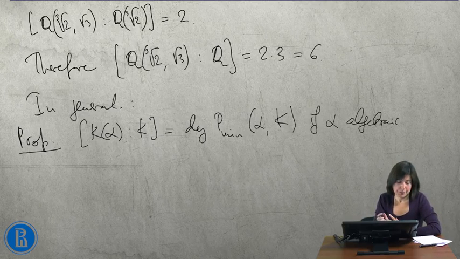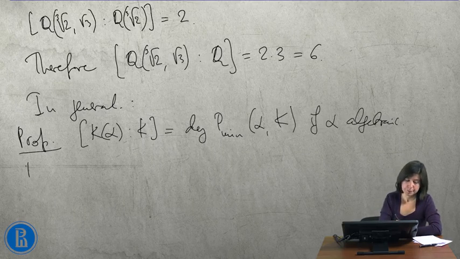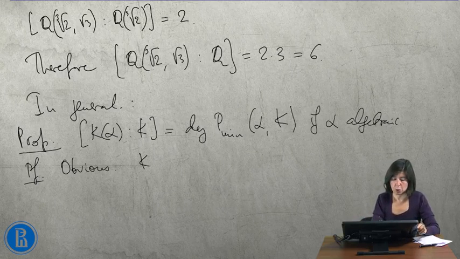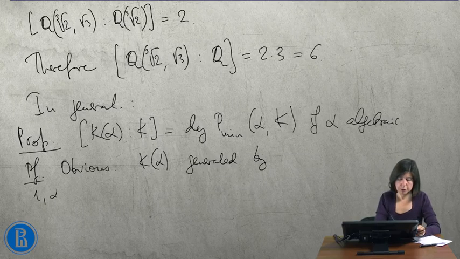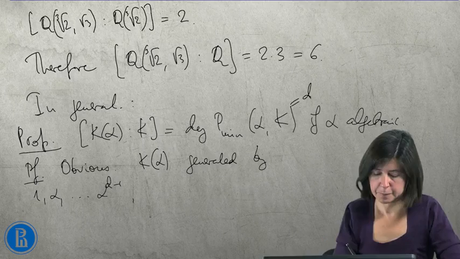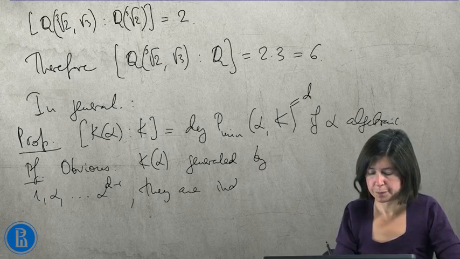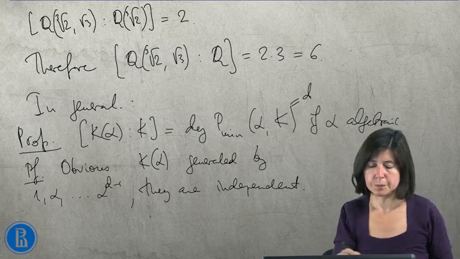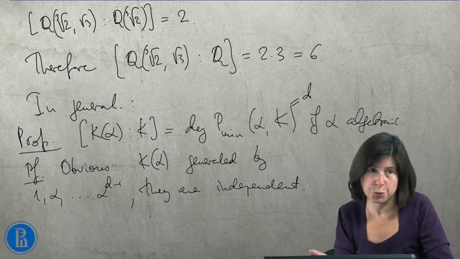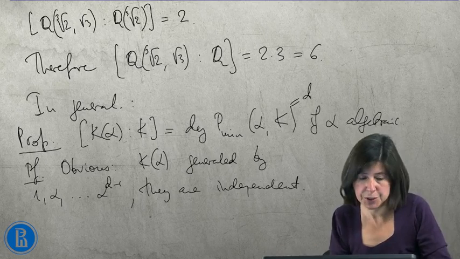The proof is obvious since we have already remarked several times that K(alpha) is generated by 1, alpha, and so on up to alpha^(d-1), if this is d, and in fact this is a basis, independent. Well, in any case, this is a good practical tool to compute the degree of a finite extension.